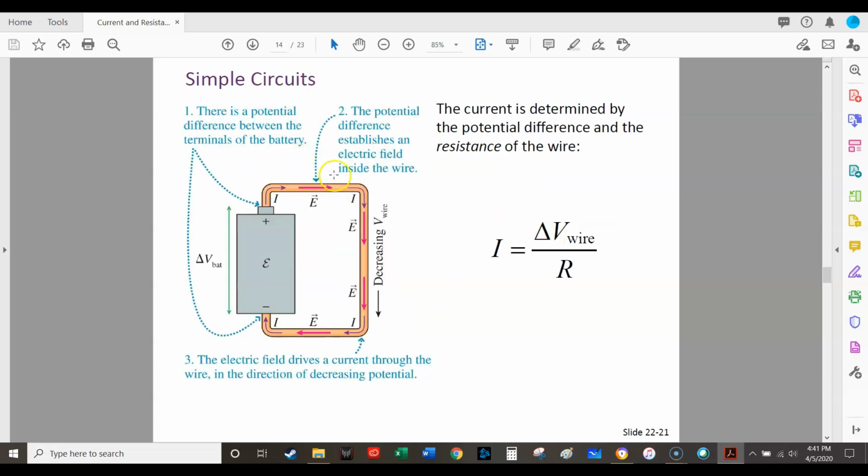So inside a circuit, there's this relationship between voltage, current, and resistance. Interesting fact is if resistance drops to zero, current is going to explode. It's going to increase to infinity.